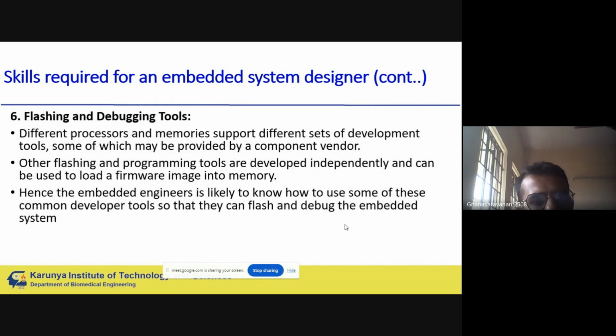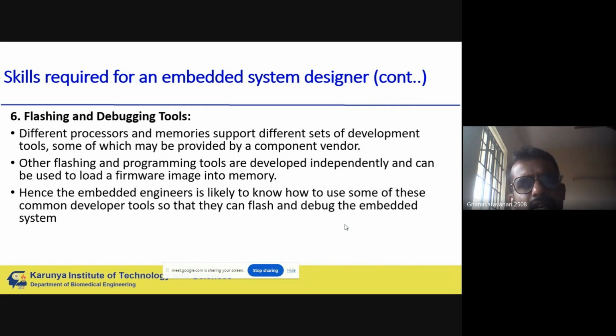And the sixth skill that is required for an embedded system design engineer is knowledge in working with flashing tools or debugging tools. What is this flashing tool? You would have come across flashing a cell phone. When the embedded system doesn't work, or you need to reprogram it, there can be an EEPROM, or you want to replace your program.